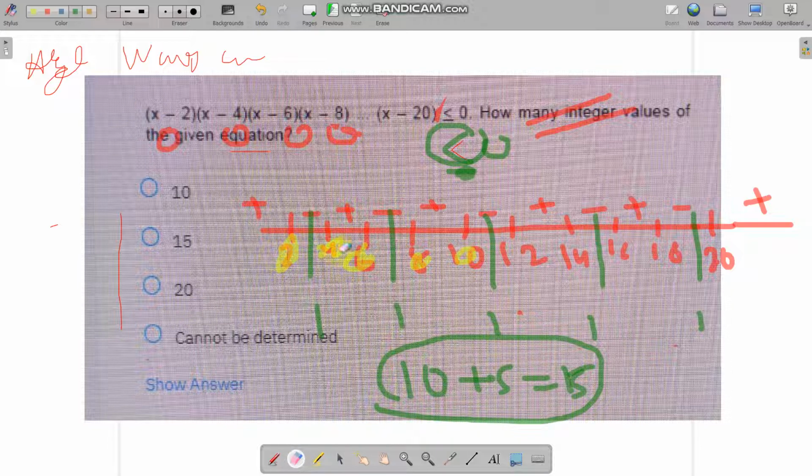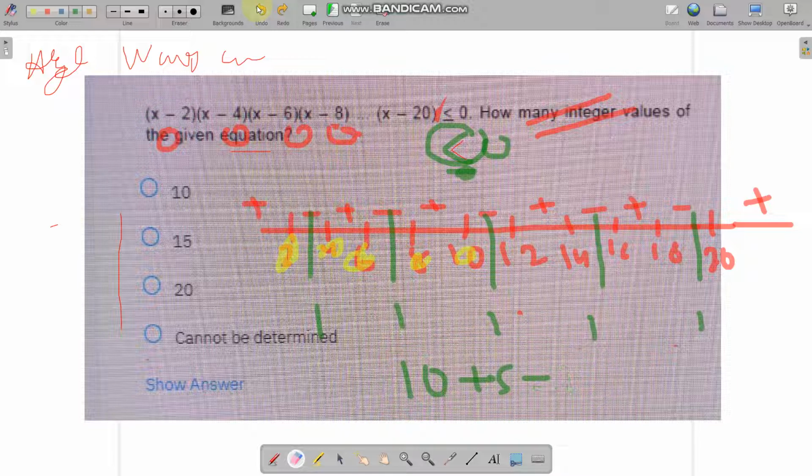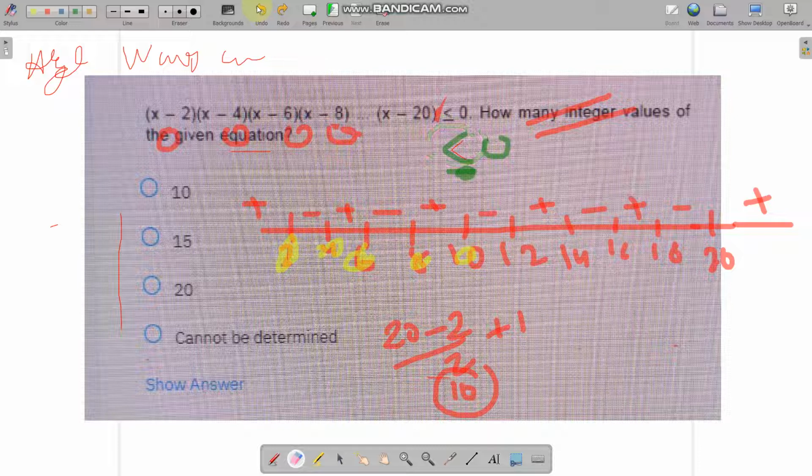Now coming to the twist. If the question had just a small twist, where there would not have been any (x minus 2) factor.